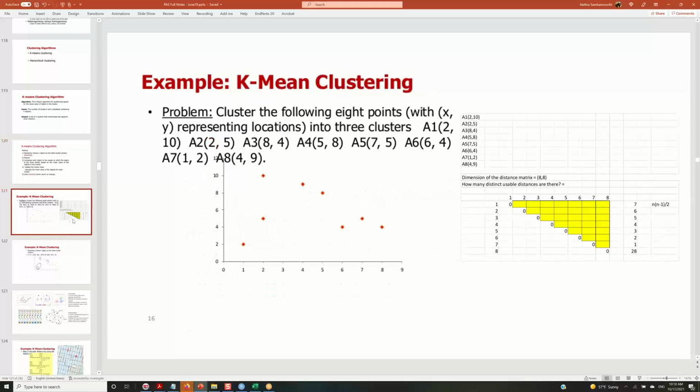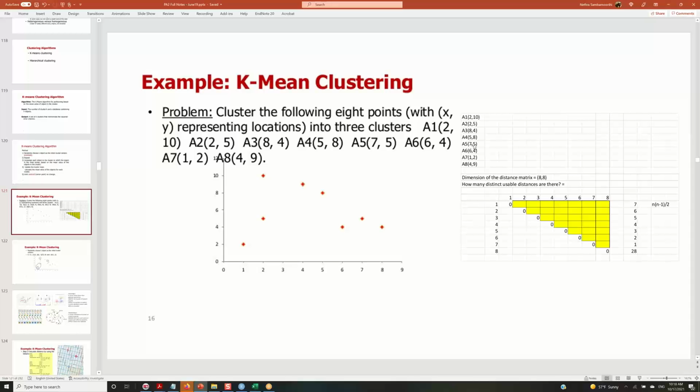These are the 8 points we have in the analysis: (2,10), (2,5), (8,4), (5,8), (7,5), (6,4), (1,2), and (4,9). All those points are already written like this here.